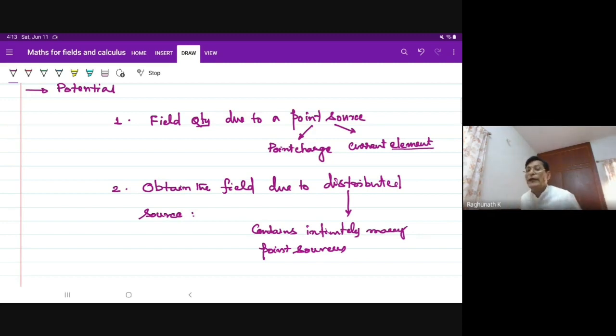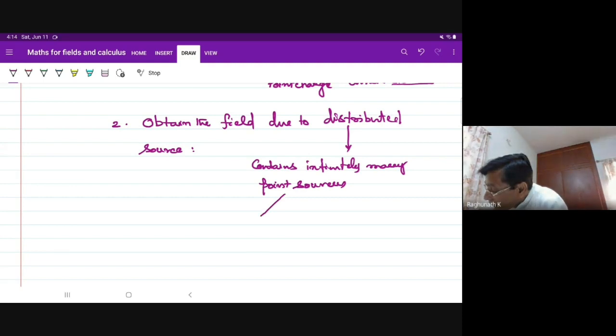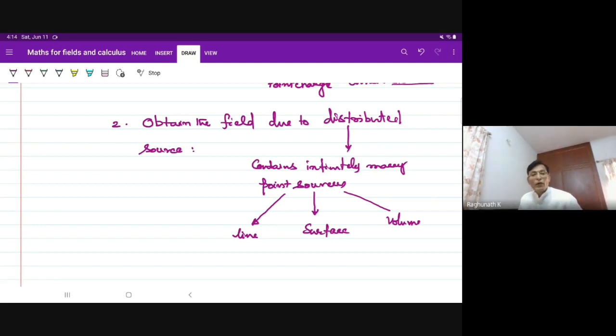When it is distributed, it will have infinitely many point sources, ultimately forming a line or a surface or a volume. I will consider a line charge or surface charge or the volume charge.